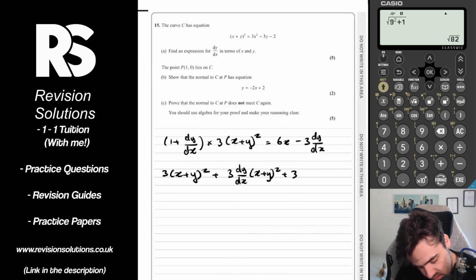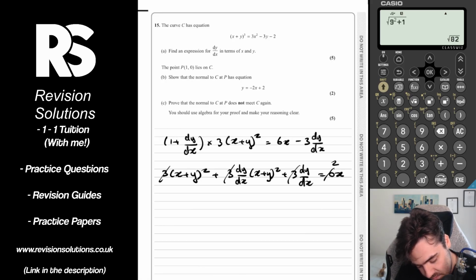And then plus 3 dy by dx equals 6x. Now let's move anything that doesn't have a dy by dx to the other side, as well as factorize the dy by dx out. I think I'll pull the 3 out as well. Actually, we can just cancel off a 3 from everything. Let's do that. So 3, and that'll leave that as a 2.